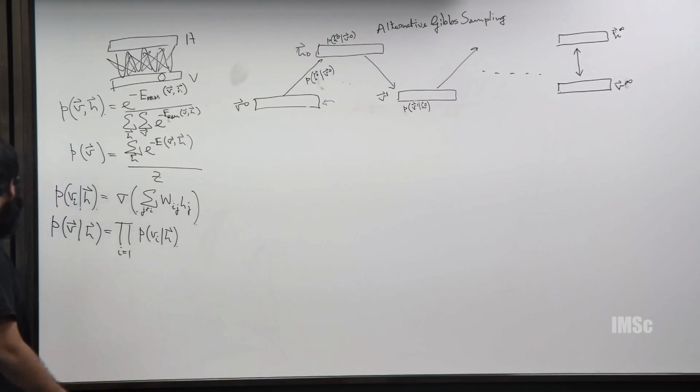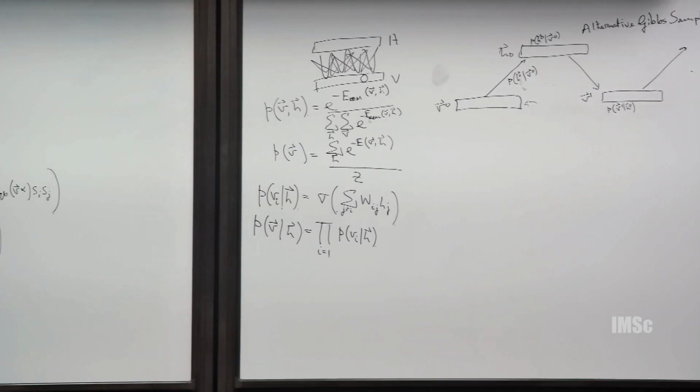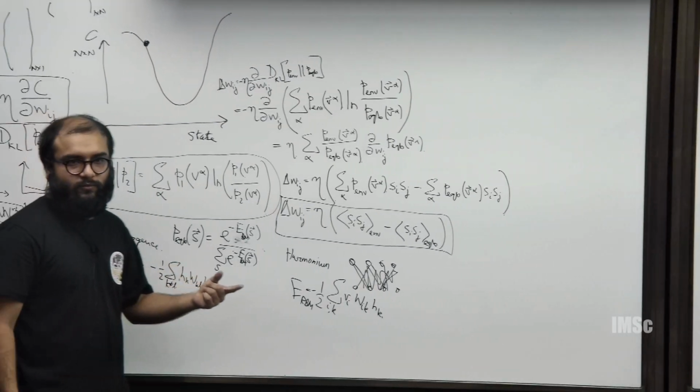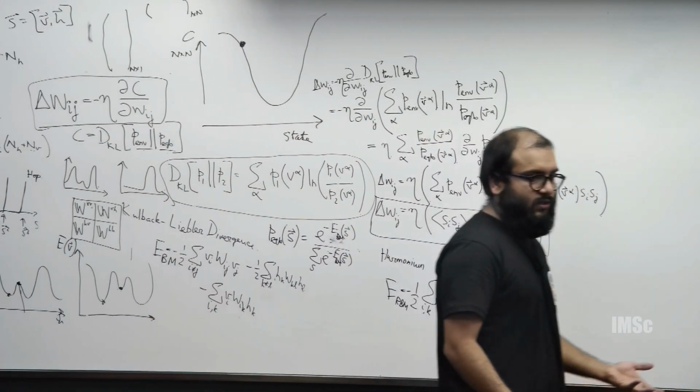All right. So we arrived at this form for the Boltzmann machine, and you will realize that it's actually the same calculation. The only difference is P equilibrium V alpha: instead of having these many W's, it has only one W. So there's not much of a difference.